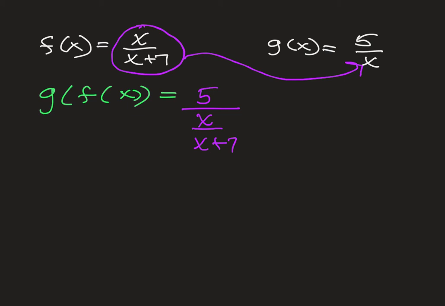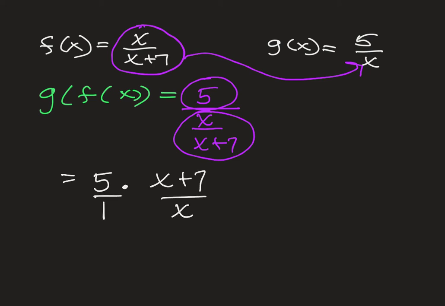Okay, so I look at it really as this being my whole numerator, that's my whole denominator. So I don't have any two separate fractions that I have to find a common denominator for. So right at this point, it's 5 divided by that fraction. So let's rewrite it as 5 times the reciprocal.